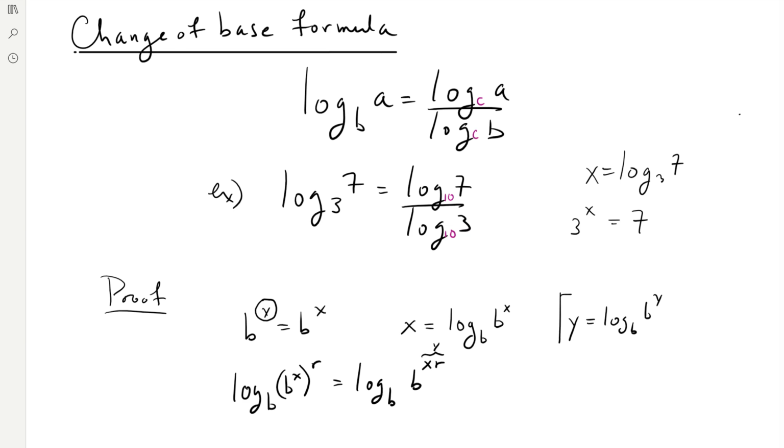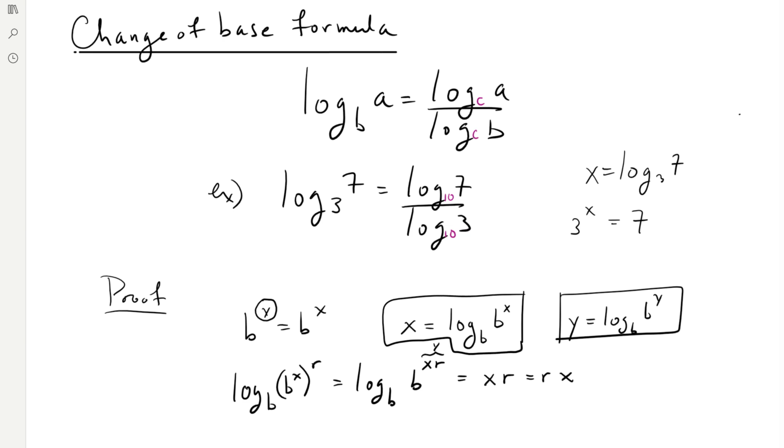According to this equation here, this is equal to y, to x times r. And actually I'm going to write it as r times x. But x, this is where I'm going to use this guy, it's also equal to log in base b of b to the x.